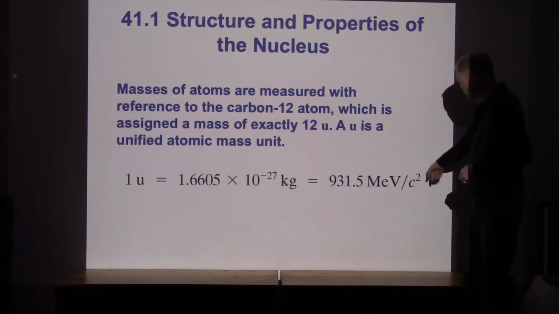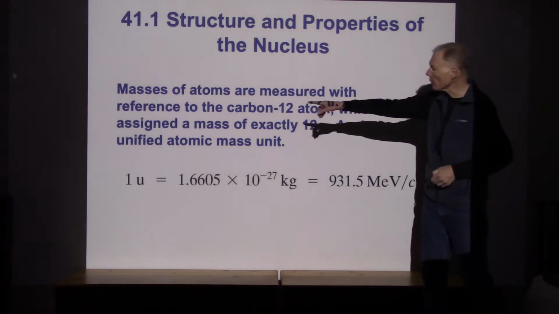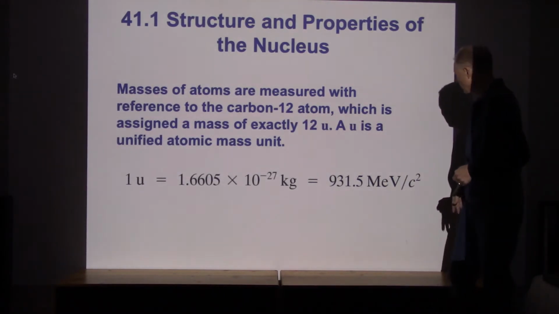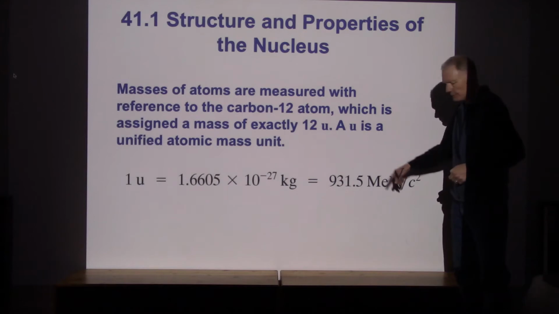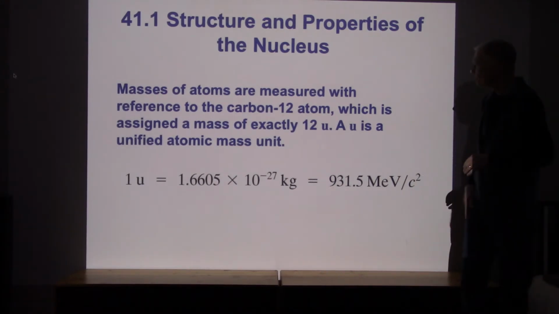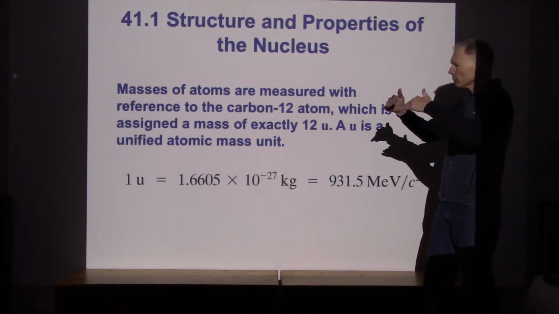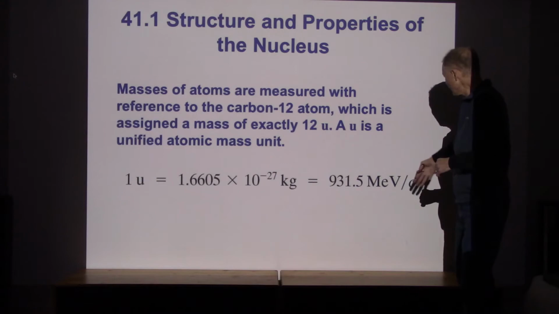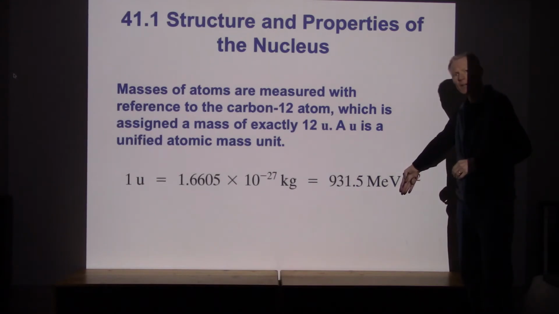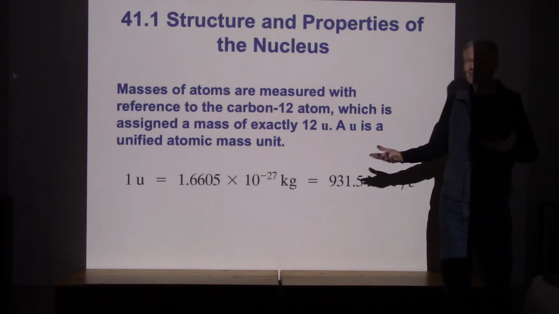I know the textbook likes to put this over c squared and remind us that we actually need an mc squared to carry out this calculation. But what we'll find in our calculations is, for the most part, we're just doing this straight conversion. If I have a certain number of atomic mass units, that's going to be equivalent to a certain amount of energy. So that 931.5 MeV is going to show up a lot.